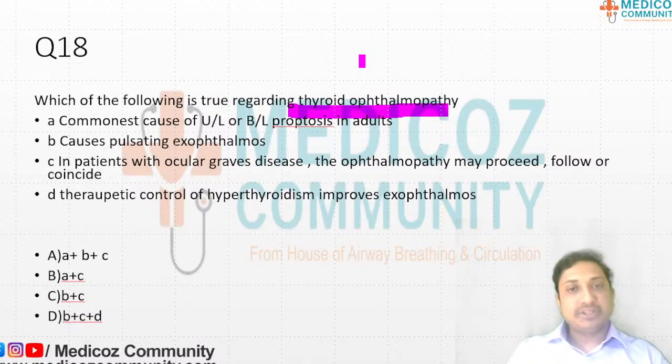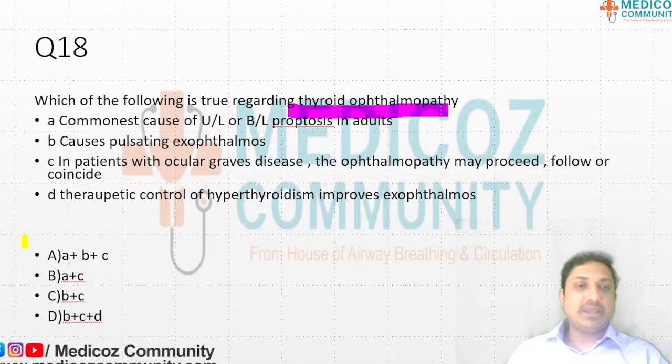A, it is the commonest cause of unilateral or bilateral proptosis in adults. B, it causes pulsating exophthalmos. C, in patients with ocular Graves' disease, the ophthalmopathy may precede, follow, or coincide. D, therapeutic control of hyperthyroidism improves the exophthalmos. So what is the answer?